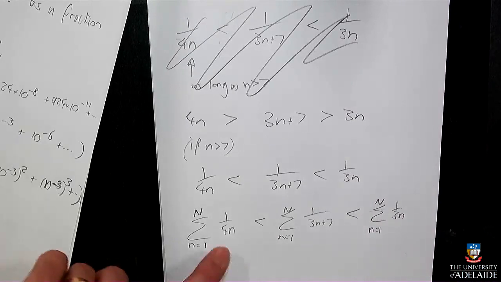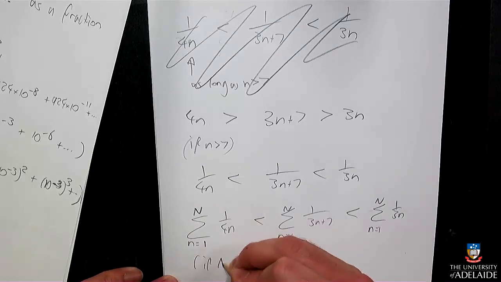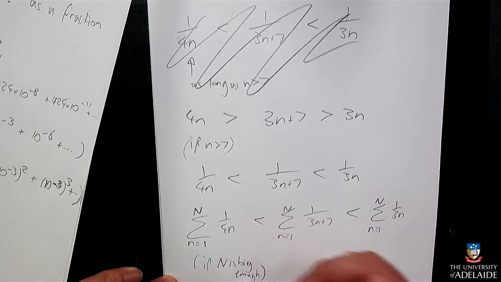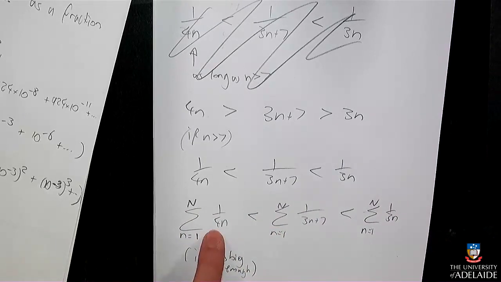This one will work as long as the capital N is big enough. And this is a quarter of the harmonic series, and this is a third of the harmonic series. And so this thing is between two harmonic series, and the harmonic series diverges. So because it's between two things that both diverge, it has to diverge as well. That's it.